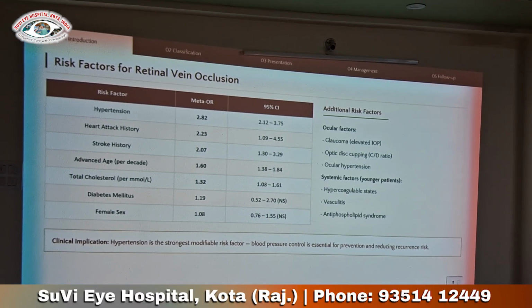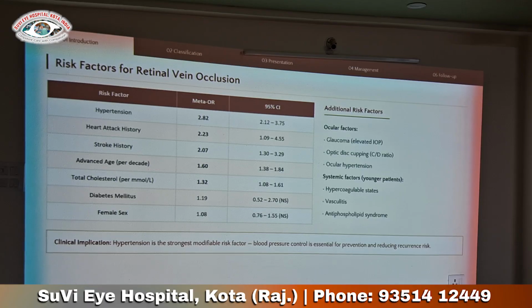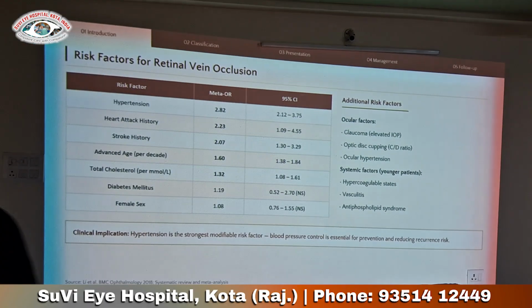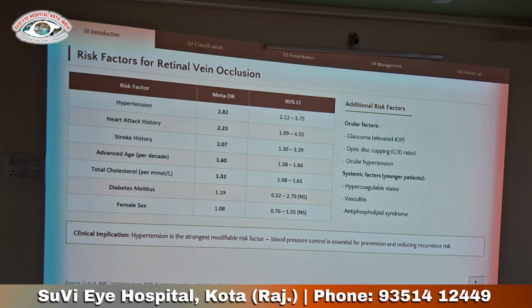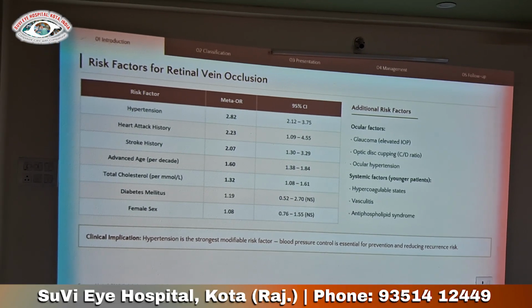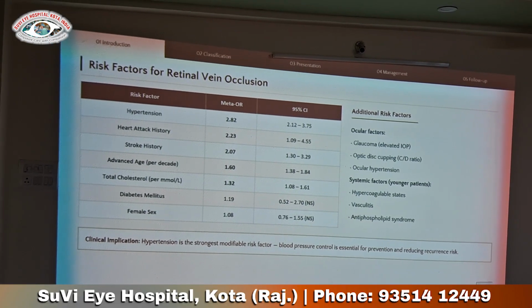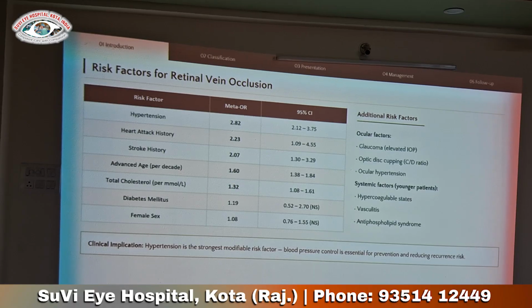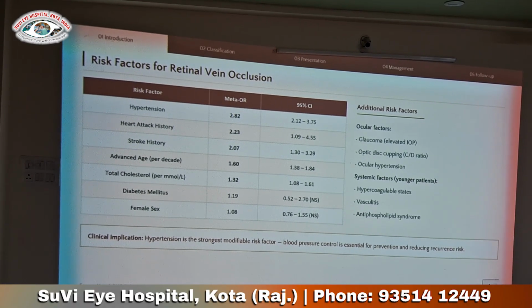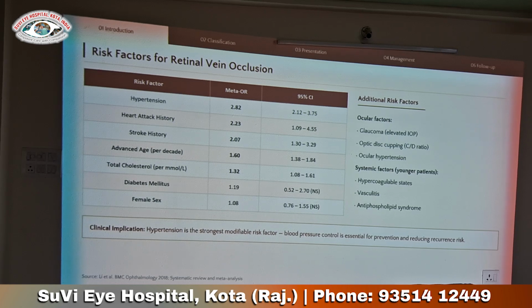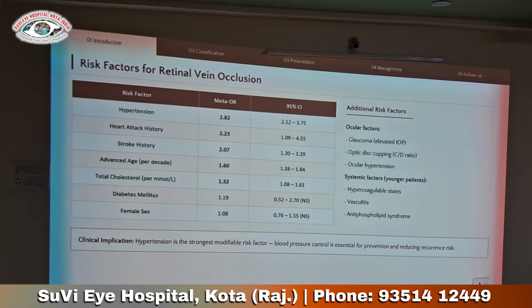Second is heart disease, then other risk factors are high cholesterol, diabetes mellitus, history of stroke. Then ocular risk factors are glaucoma. So how does glaucoma affect? It increases the intraocular pressure, which compresses the central retinal vein at the lamina cribrosa.